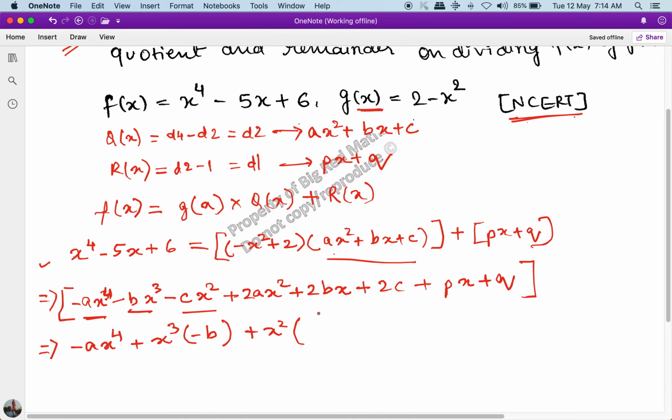Then x square with minus c plus 2a. So this is also done. Now for the power of x, this is 2b plus p. And lastly, the constant term, which is 2c plus q.